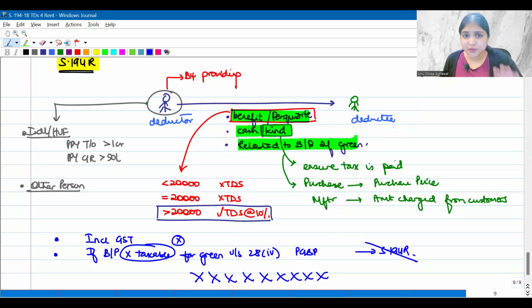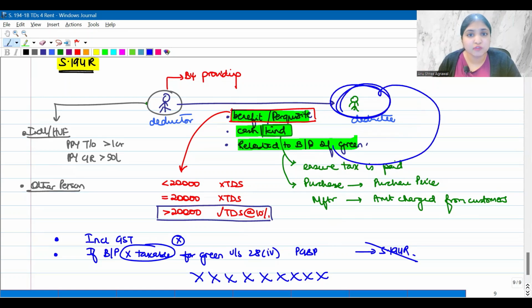See, 28 clause 4 is nothing but the section which says that if you receive any benefit or perquisite relating to your business or profession, it will be taxed under the head PGBP. That is what 28 clause 4 says. But Mr. Blue does not even have to check all that. For Mr. Blue, there are only 3 conditions. He is giving a benefit or a perquisite either in cash or in kind, and it is relating to the business or profession of the recipient.